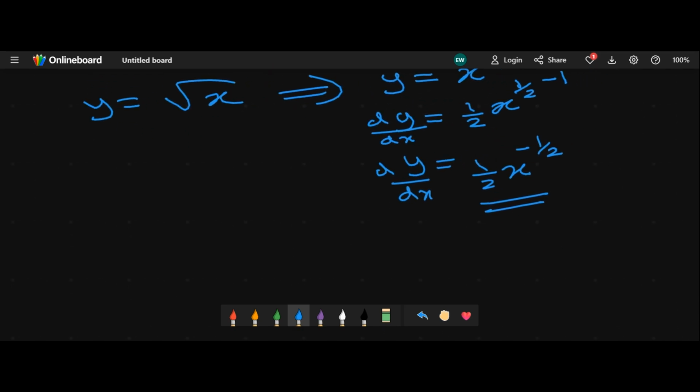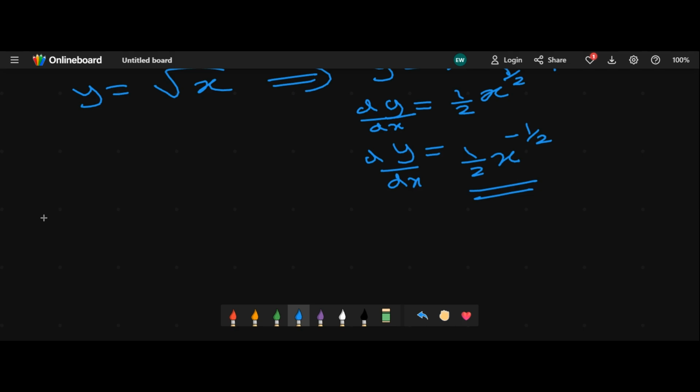Another thing I need to tell you: let's say x to the power minus 5. If there is a negative sign in the power, the real meaning is 1 over. This is basic algebra.